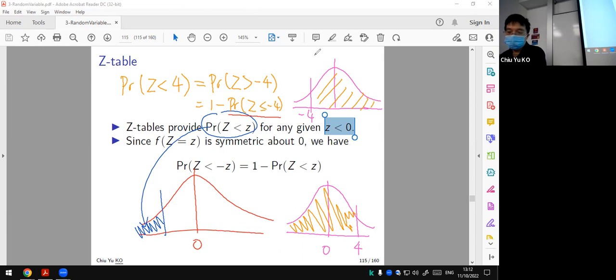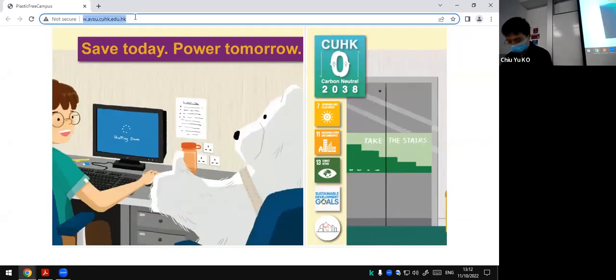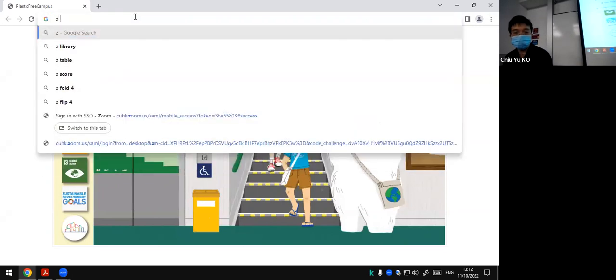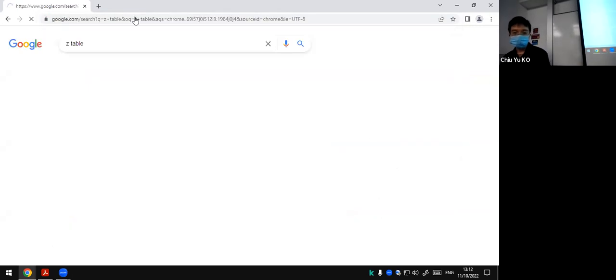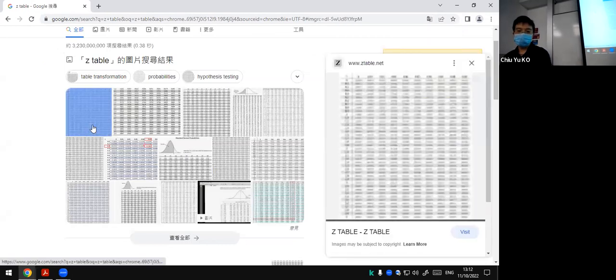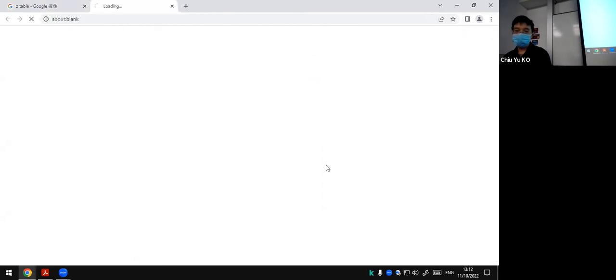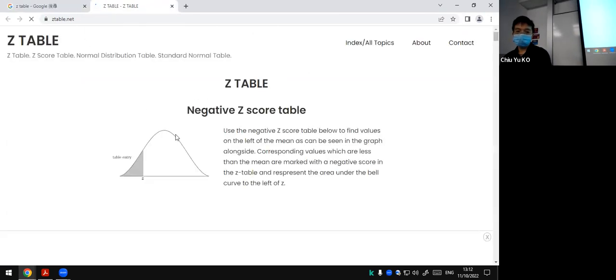Okay, now let's see the example. I'll show you the table because I think that would be important. Let's look at the Z table. Actually you can see there are many you can find, but say this is the Z table. This is exactly what's going on here, from settable.net.